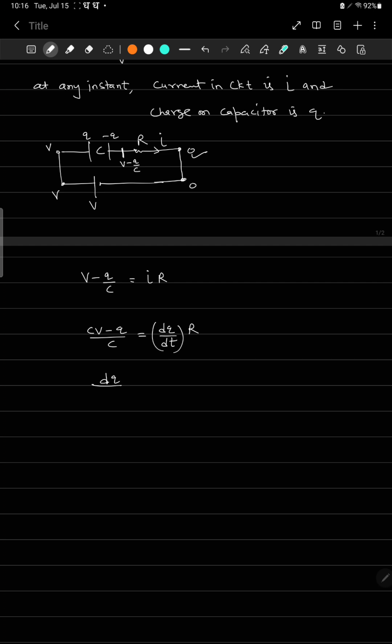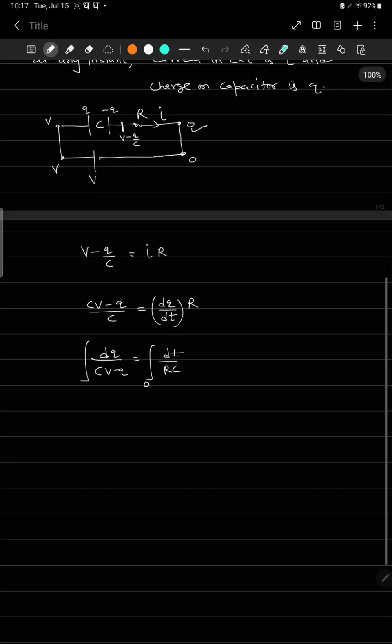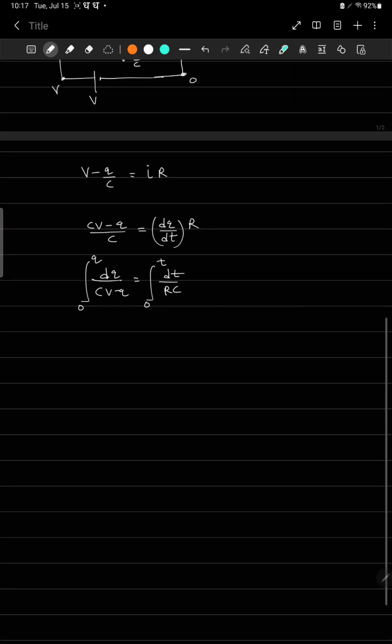Let's separate the variables. dQ by CV minus Q is equal to dt by RC. Now we'll integrate. At t equal to 0, what is the charge on the capacitor? 0, uncharged, and at t equal to t, the charge on the capacitor is Q. If we integrate, it is ln of CV minus Q from 0 to Q, with a minus sign, equal to t by RC.